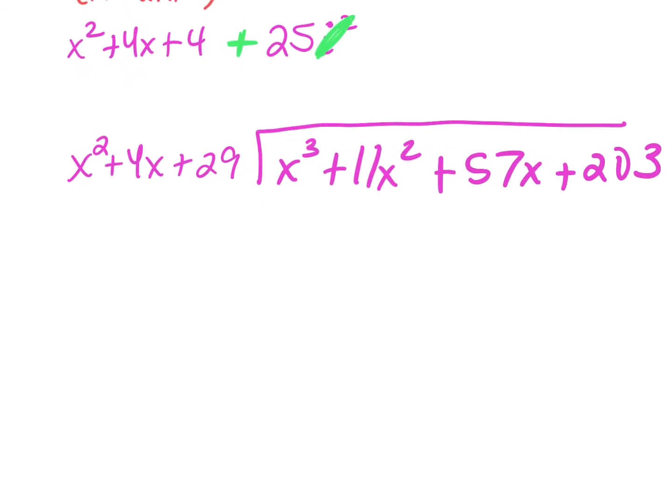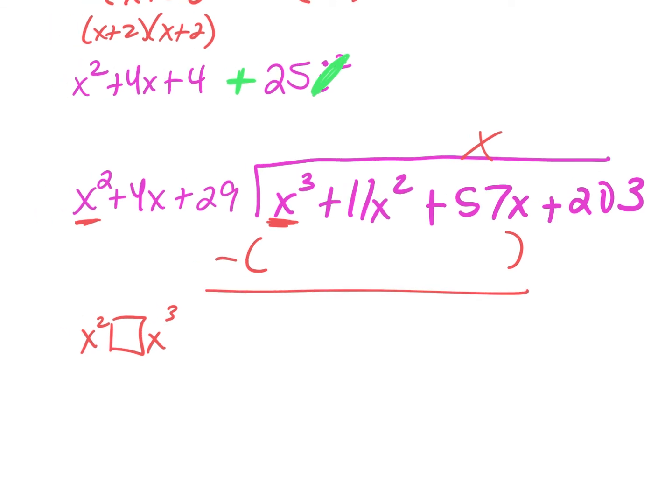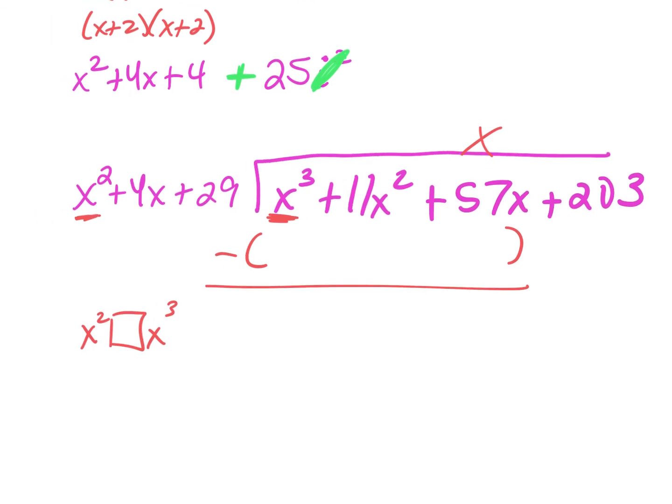I'm going to say first term into first term. So x squared times what gives me x cubed? x. Put it right here above the 57. Get your subtraction ready. Multiply. x times x squared is x cubed. x times 4x is plus 4x squared. x times 29 is plus 29 what? x.